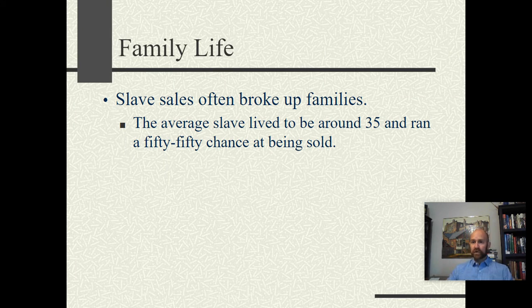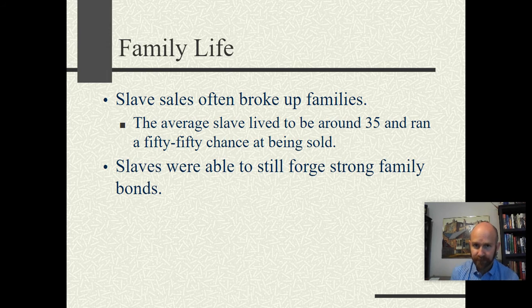If you're sold and coming into a new plantation, because there was so much selling, and a lot of times you're sold to a neighboring plantation or somewhere close, you probably had some sort of relative on that plantation that you could rely on, even if it was a distant relative. And that's why slaves forged these extremely strong family ties.